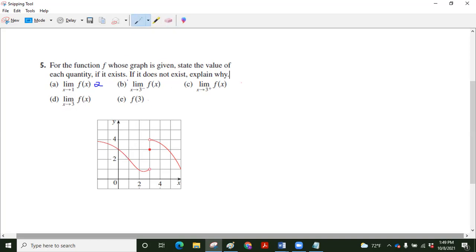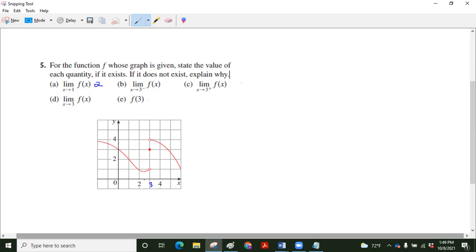Then it's saying the limit as x approaches 3 from the left. So we're looking at 3, and so this is 3 here. As we come from the left, you can see that we're approaching a y value of 4. So that means, well, actually that would be from the right, right? So if we're coming from the left, we should be coming from this way.